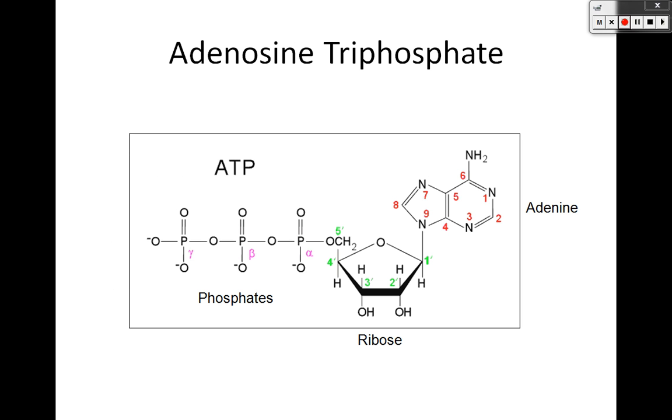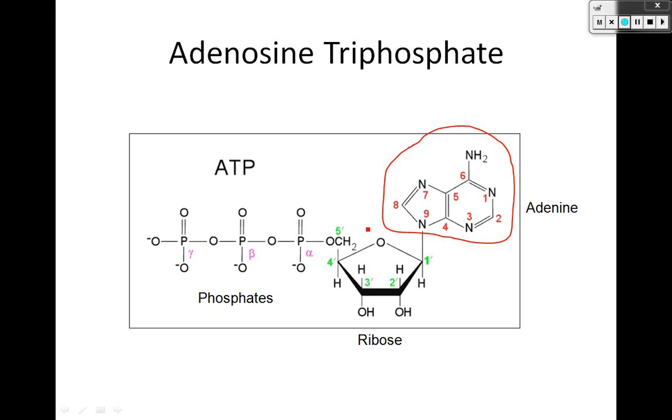So first of all, this is adenosine triphosphate. It's made of 3 components, I would say. Let me get a pen. So this here is adenine, and adenine is actually one of the bases in DNA. Some of you have maybe heard of it.